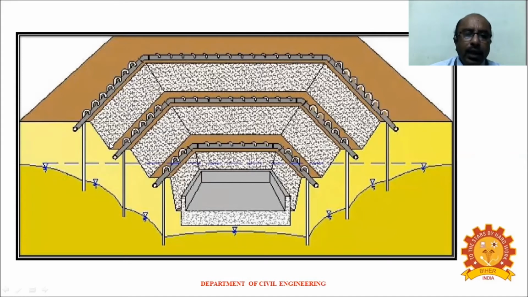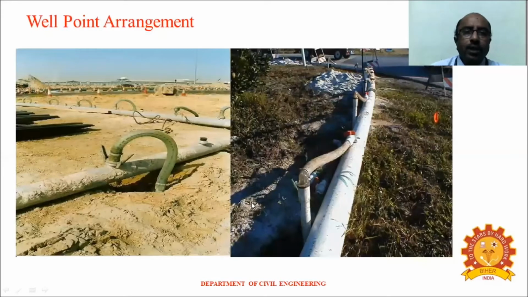Then the excavation is done, and then the next stage of wells, and the groundwater table is lowered further, and then excavation is done, and further a third set of wells or pumping system, thereby the required depth is reached, so that the required construction is done.